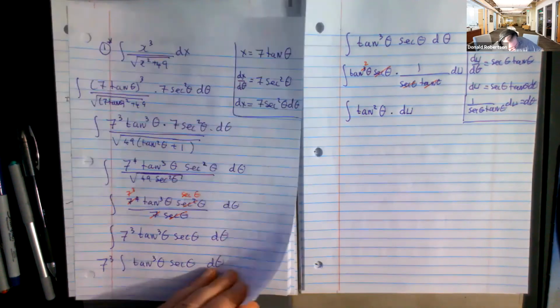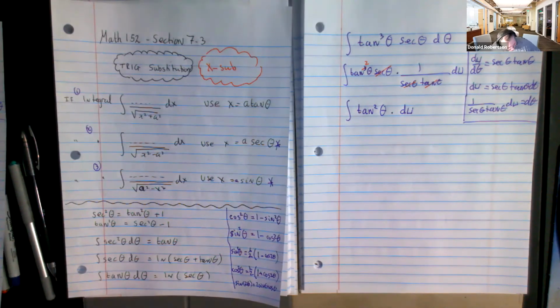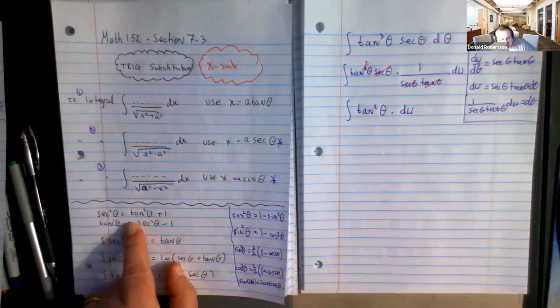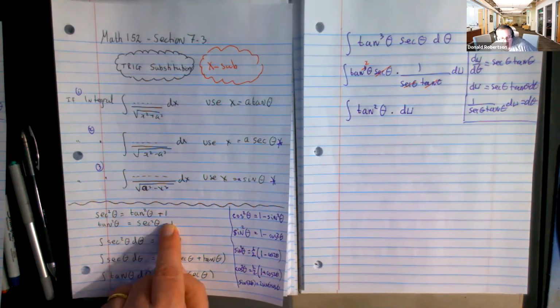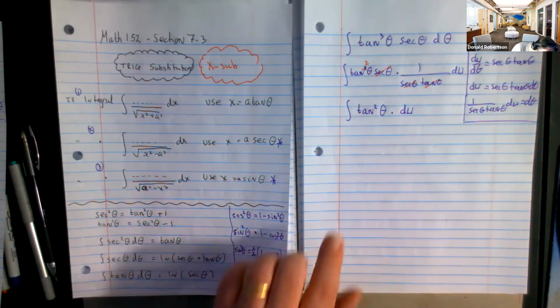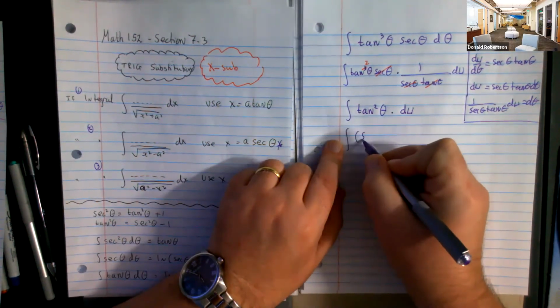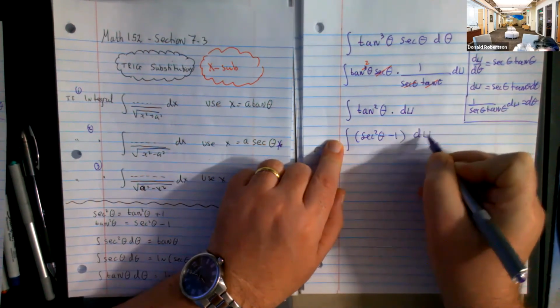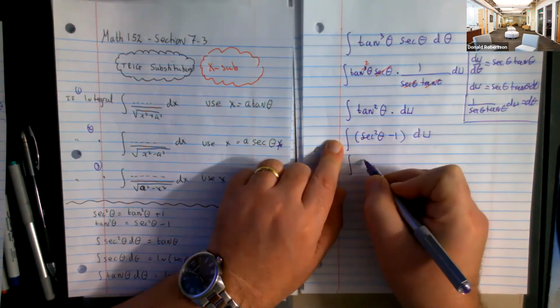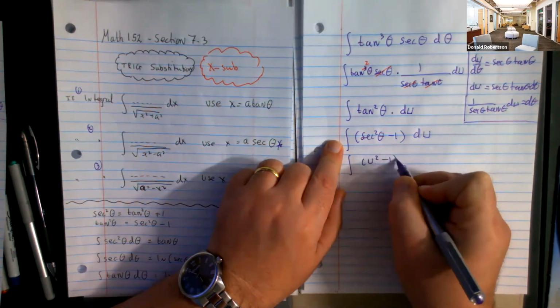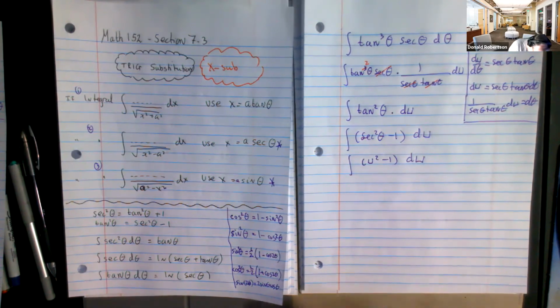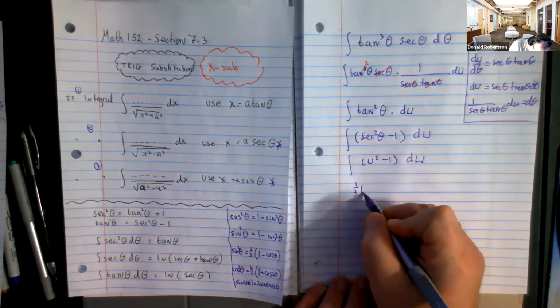But I have a guy over here who's doing that exact job. Can you see that tan squared can be called secant squared minus 1? So this can be called secant squared theta minus 1, which means it can be called u squared minus 1, which is pretty much the question finished.